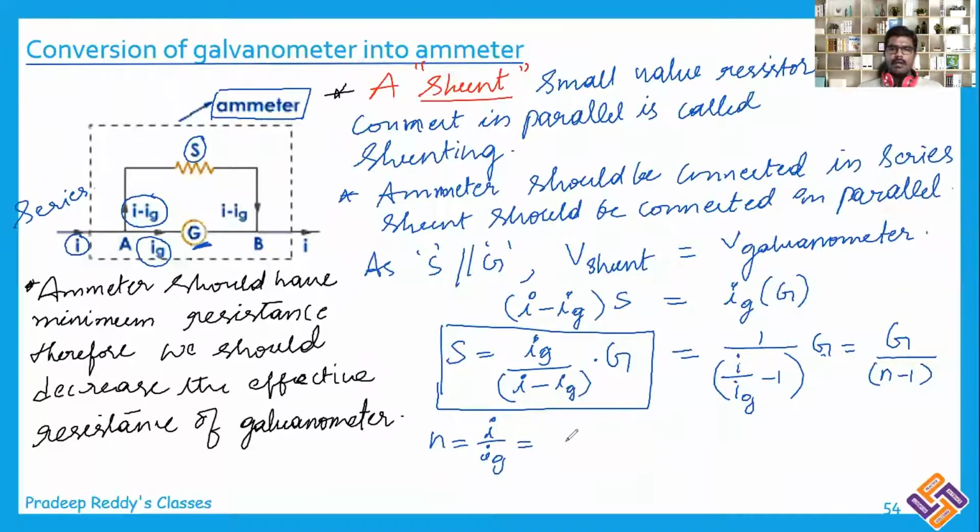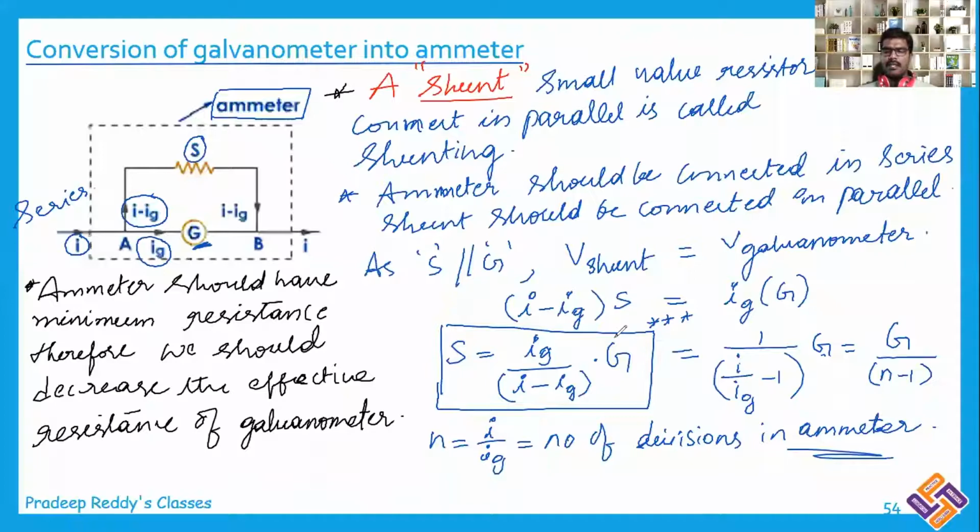This is equal to the number of divisions in the ammeter. So as many divisions as you want, that much will be the ratio which you will be taking here. So I by Ig is equal to the number of divisions present in the ammeter. And this is a very important equation in order to solve problems.